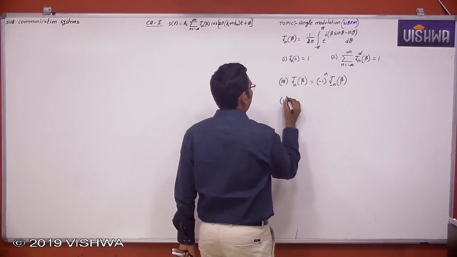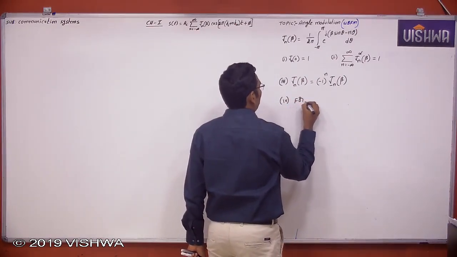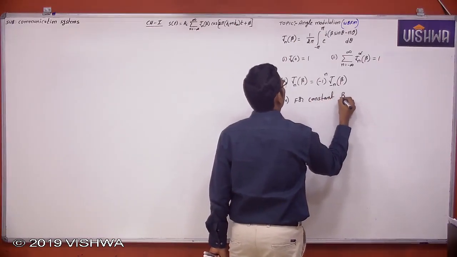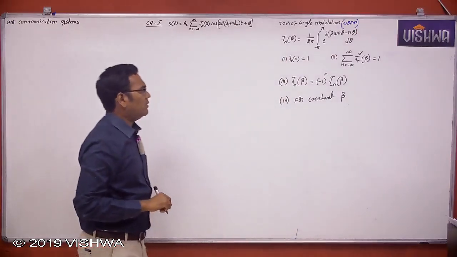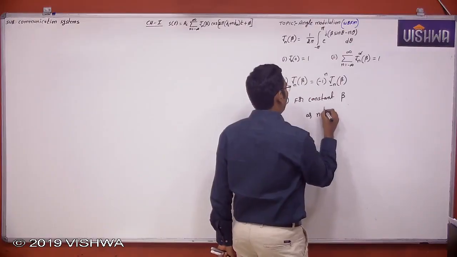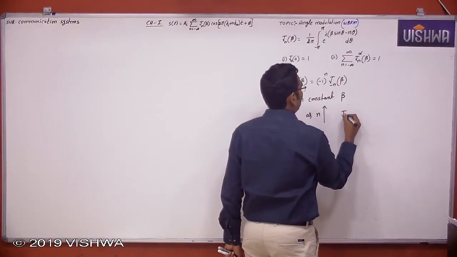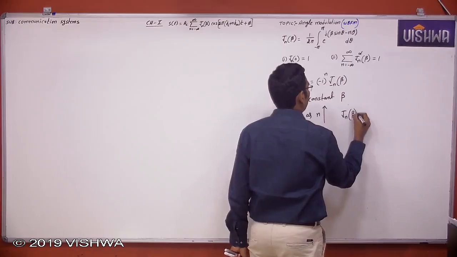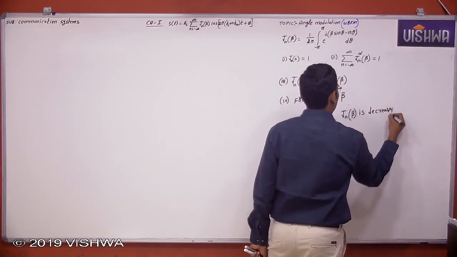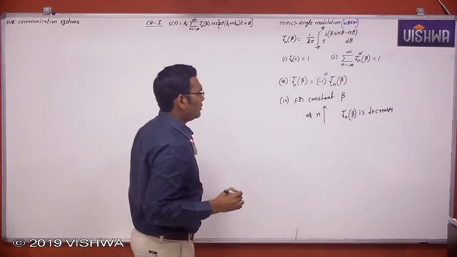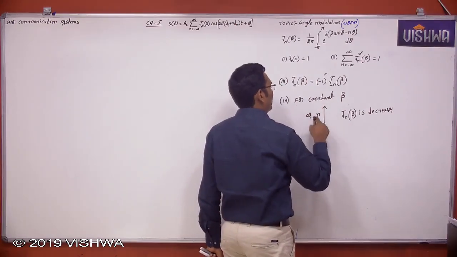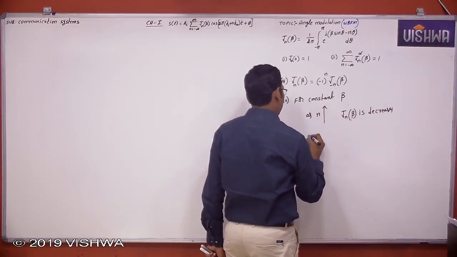Now, the fourth one is for constant beta. You fix some beta value constant. For constant beta, as n value increases, Jn of beta decreases. Clear or not? So for constant beta, as n increases, Jn of beta decreases.